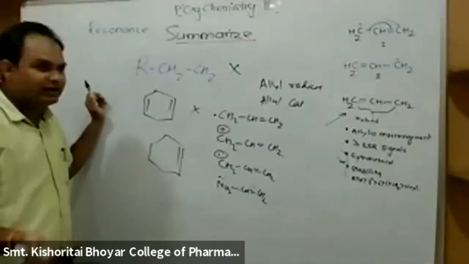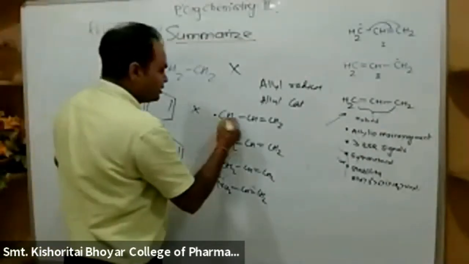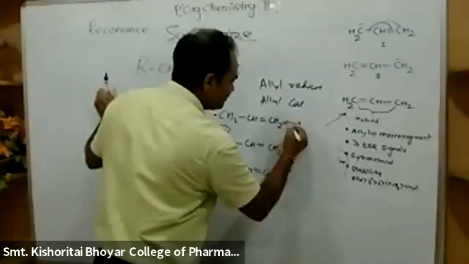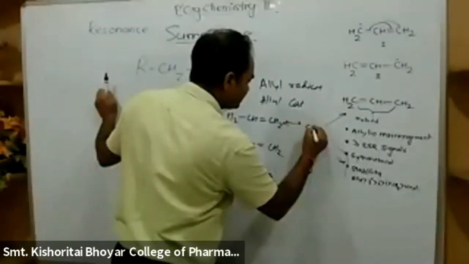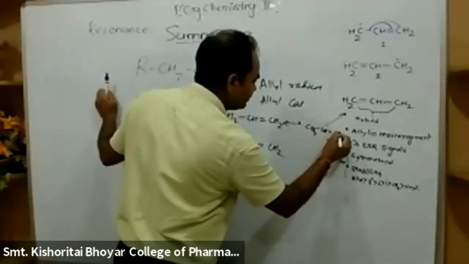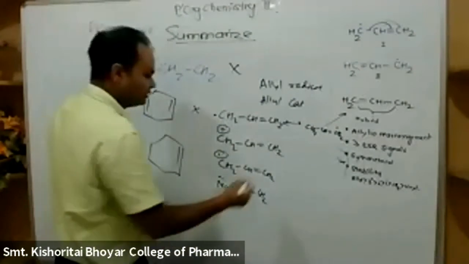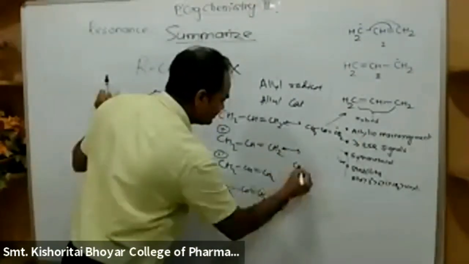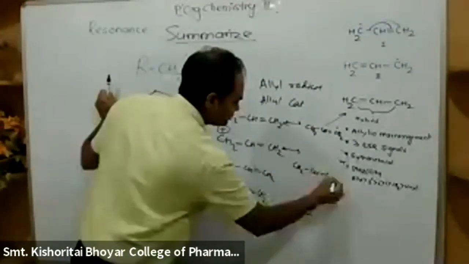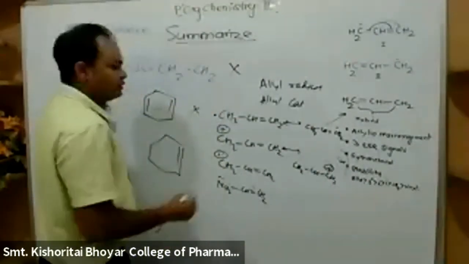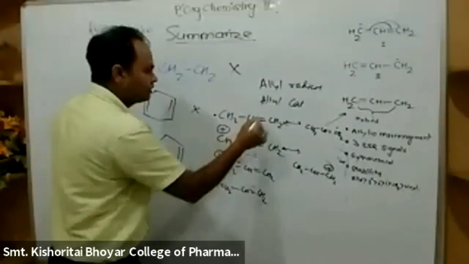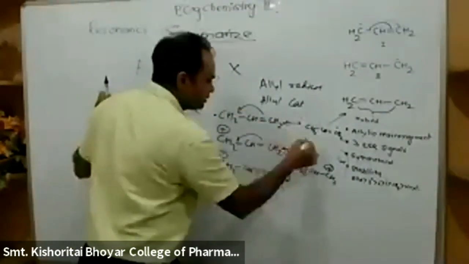So in that case you will get a variety of structures. Here again you will get a structure like this. This is inverted into this CH2-CH=CH2. In this way you will get the structure. In this case again you will get a structure like this, CH2-CH-CH2. So this shifted here, this shifted here, so you will get this structure.